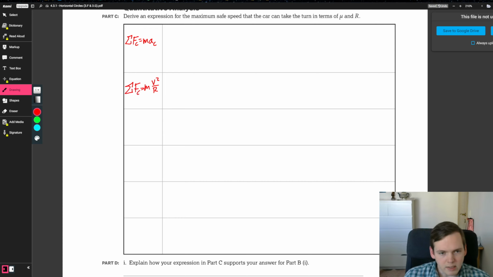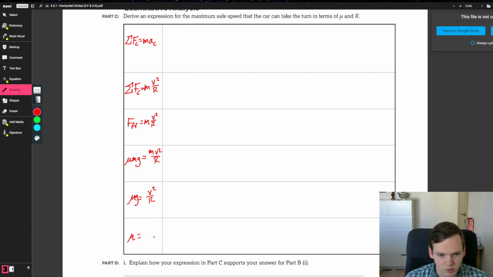And we know that the net centripetal force is just going to be the force of friction. That force of friction is mu mg, which equals mv squared over r. So mu g is equal to v squared over r.